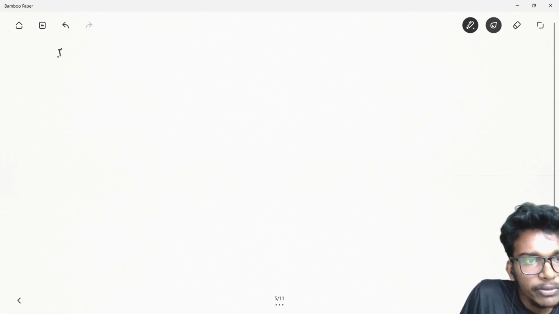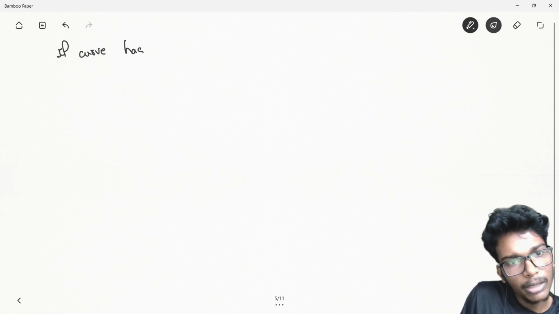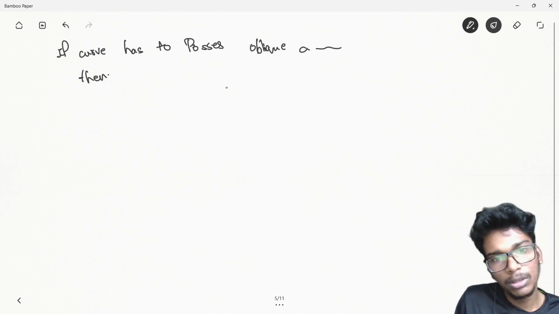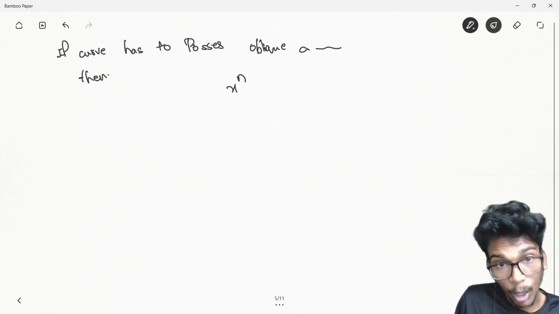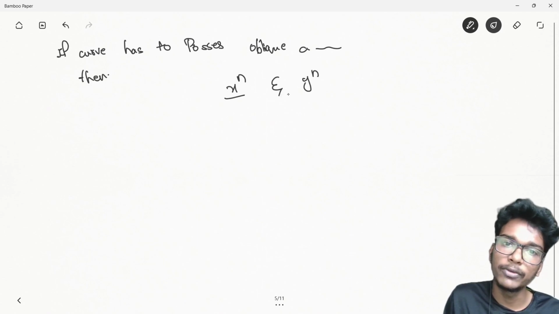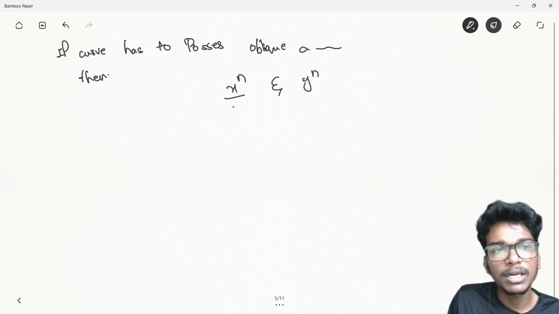If a curve has to possess an oblique asymptote, then it must have x to the power n alone and y to the power n alone in its equation. Only then will the given function have an oblique asymptote.